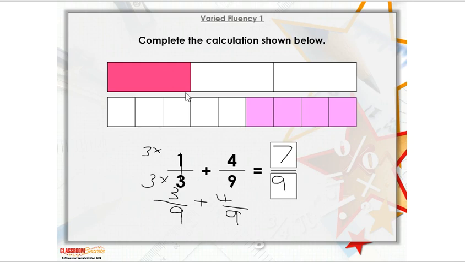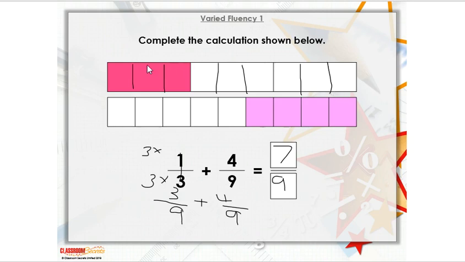And we can check that using the diagram. We had 1/3, 1 out of 3 coloured in, and we had 4 out of 9 coloured in. But because they go into the same multiple, we can divide this exactly into 9ths as well, and we can check our answer.